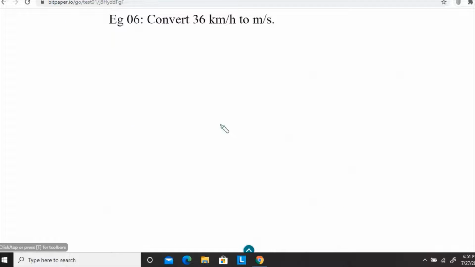In this example, we have to convert 36 kilometers per hour into meters per second. So 36 kilometers per 1 hour. So the first conversion factor would be related to distance or a length. I know that there's 1000 meters in 1 kilometer. So this is my first conversion factor, and that's related to a length.